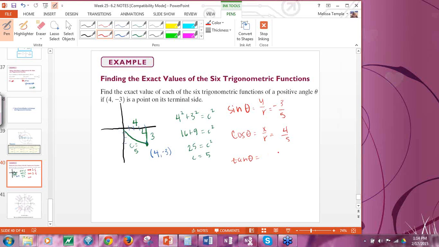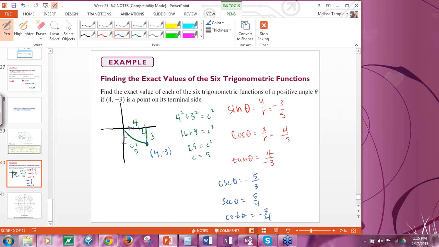Tangent of theta is still y over x, so I simply have -3 over 4. Cosecant of theta is the reciprocal, r over y, or 5 over -3. Secant of theta is r over x, 5 over 4. And cotangent of theta is x over y, or 4 over -3.